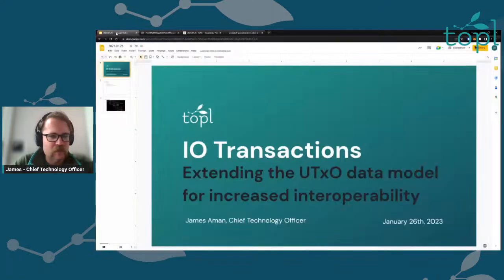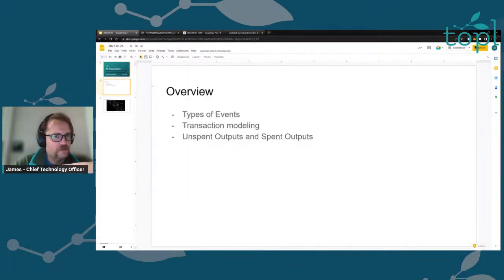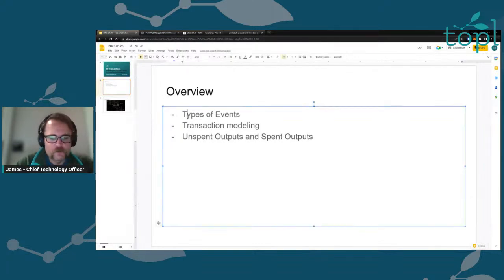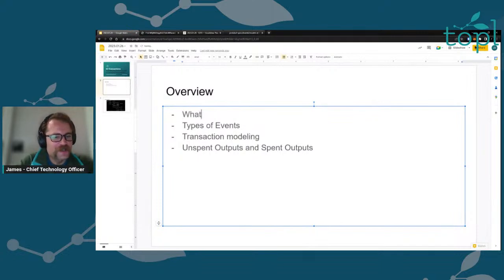But let's take a step back before we really delve into that complexity. The first thing I want to explore with everyone is, I'm going to try and make it very high level today, what is UTXO?